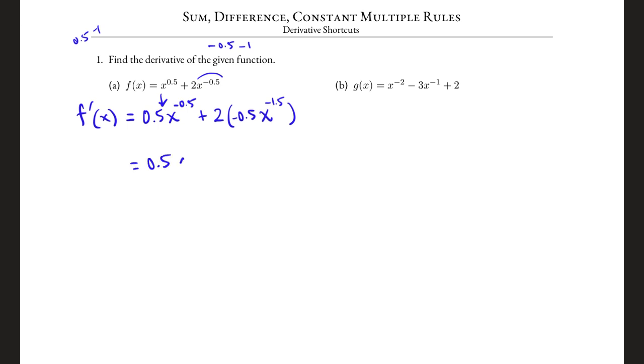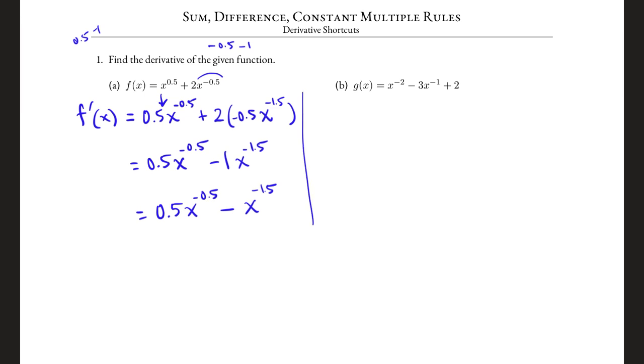This is 0.5 x to the negative 0.5. 2 times negative 0.5 is minus 1, and then we rewrite x to the negative 1.5. Usually we don't write negative 1, we just write negative, since negative 1 is a constant multiple. So this is 0.5 x to the negative 0.5 power minus x to the negative 1.5 power.